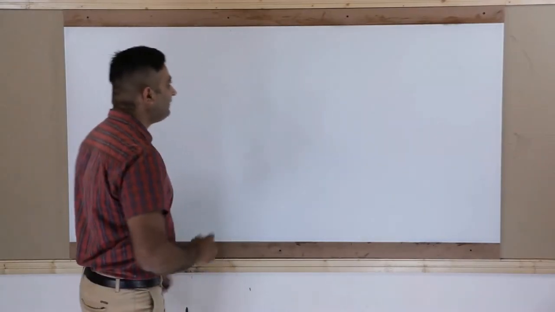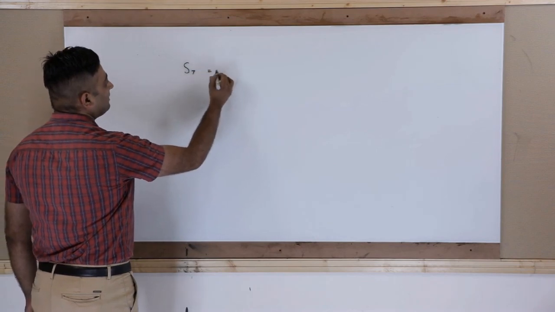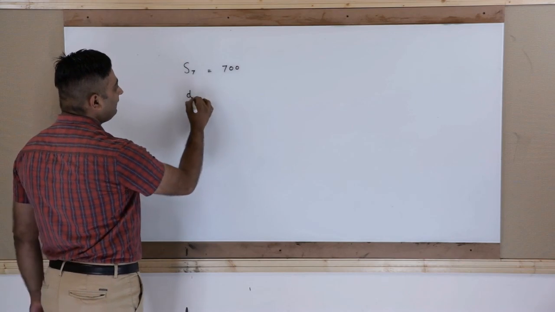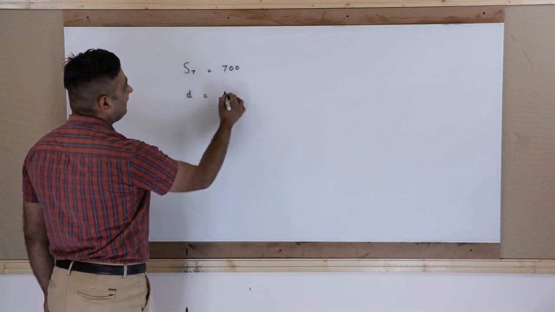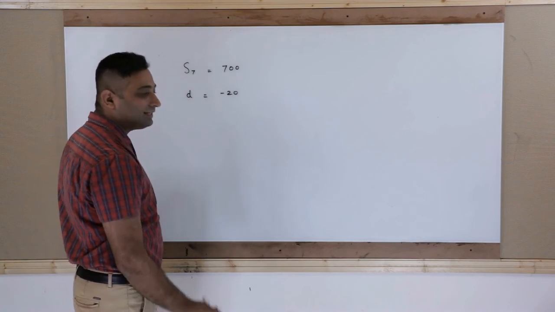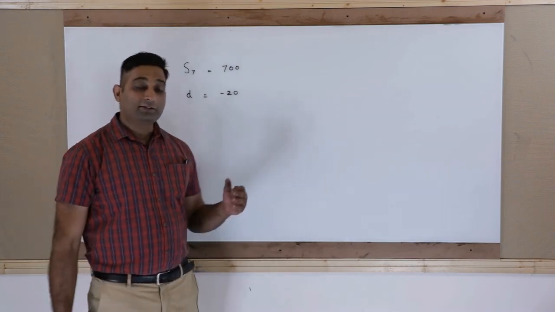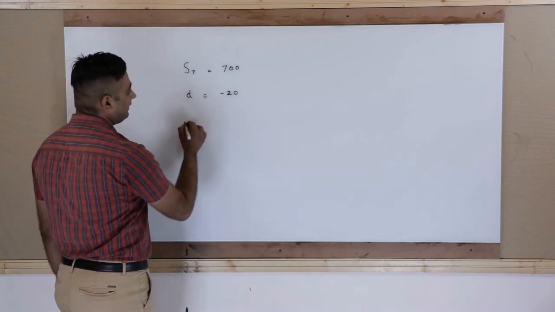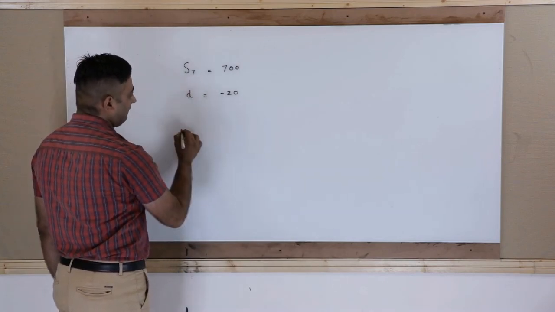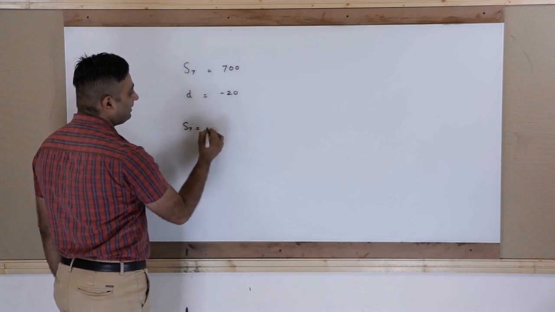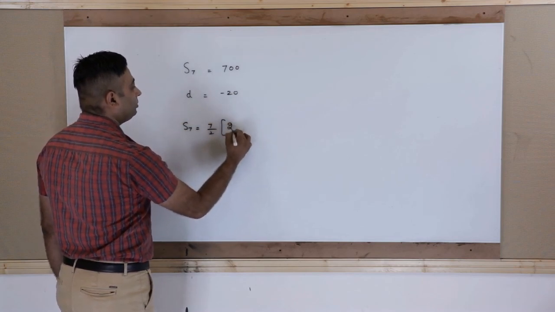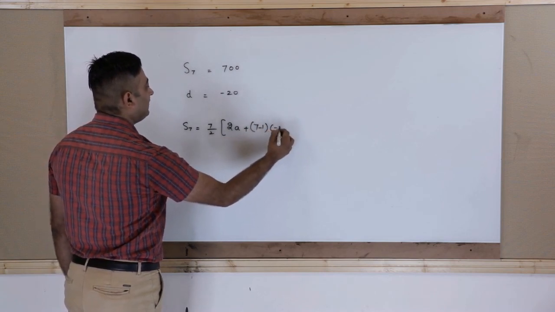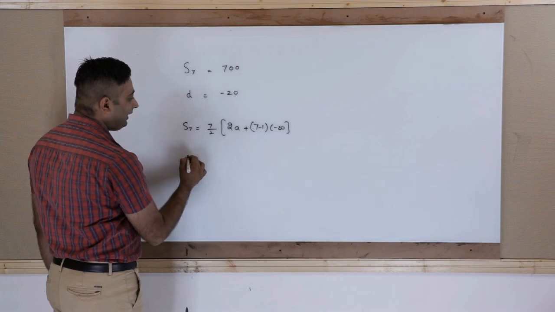Dear students, we are given that the sum of 7 cash prizes is rupees 700 and the common difference of this AP will be minus 20, as each cash prize is 20 less than its preceding prize. That means D is minus 20. So we can apply the formula S7 is equal to 7 by 2 times (2A plus (7 minus 1) into D), that is minus 20, to find the value of A.